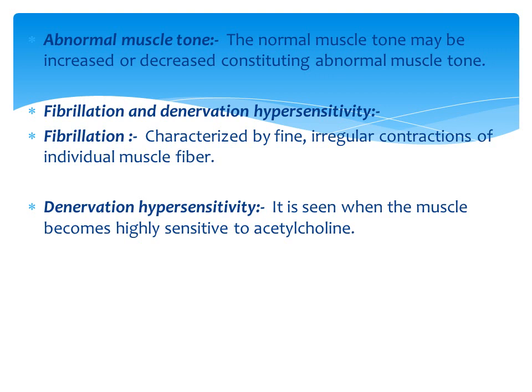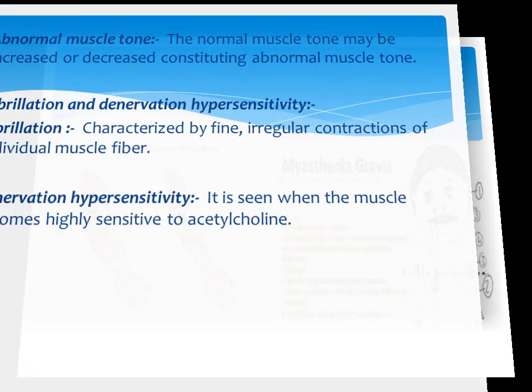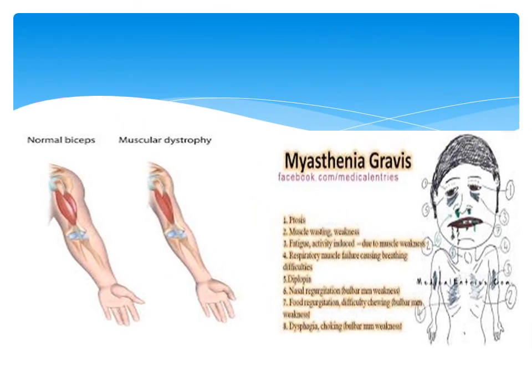This may be because of an increase in the number of active receptors for acetylcholine, that is upregulation of receptors, and decreased uptake of released neurotransmitters. Here is the figure of muscle dystrophy.